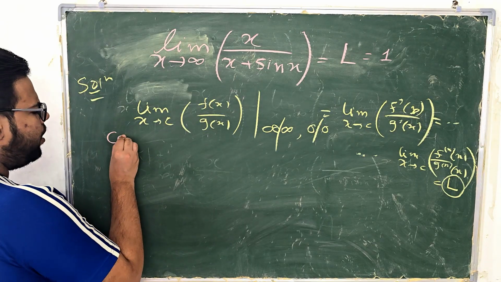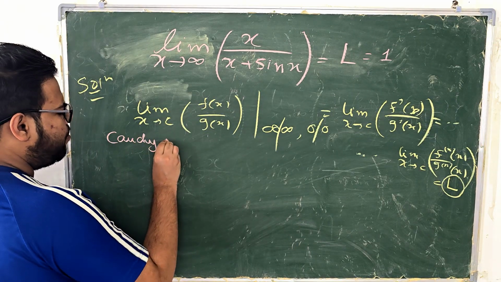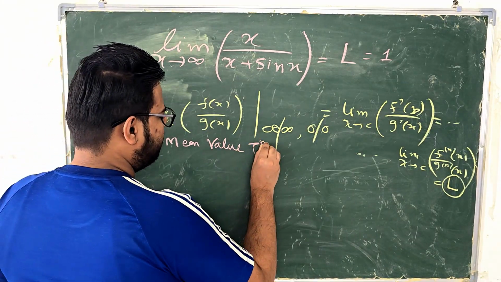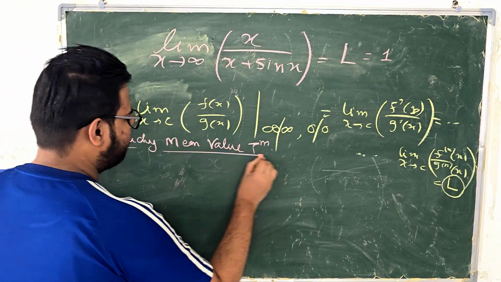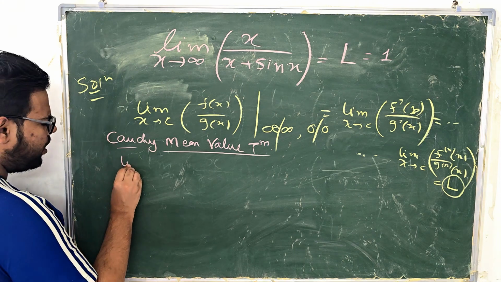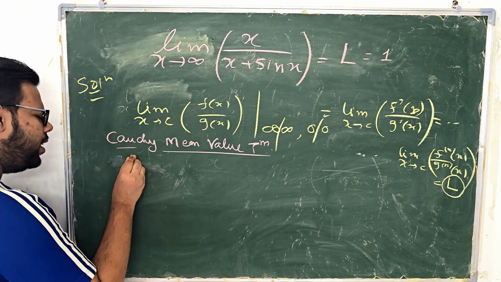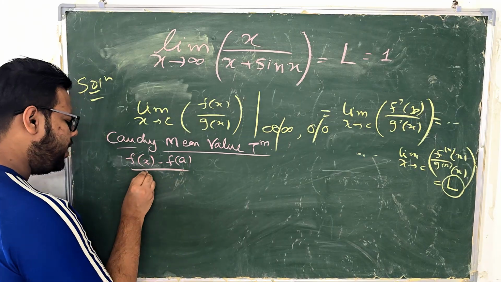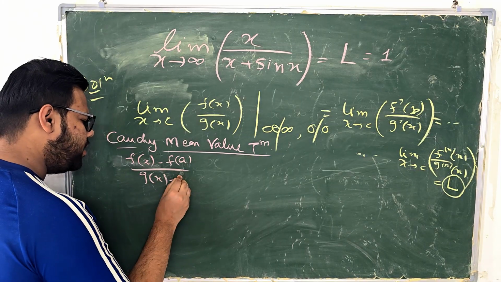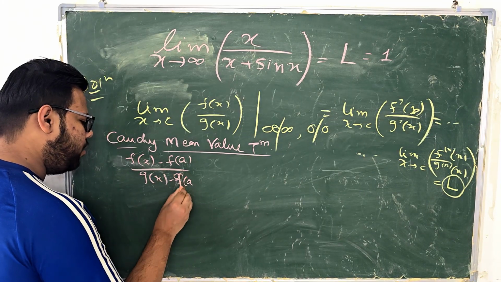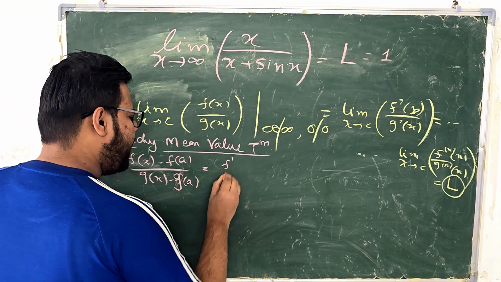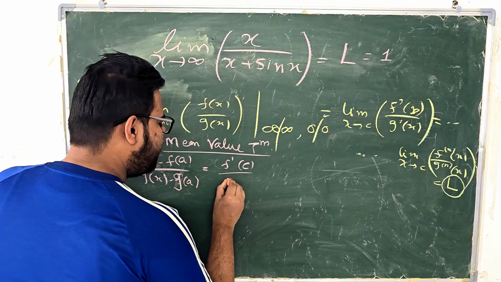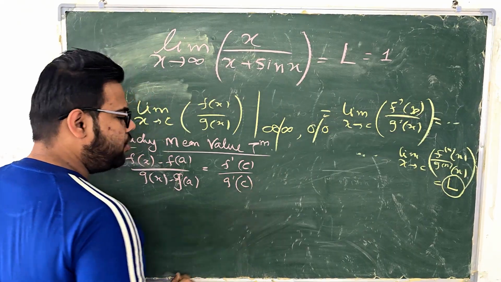So we'll apply Cauchy mean value theorem. It states f of x minus f at a by g of x minus g of a is f dash at some c divided by g dash at some c.